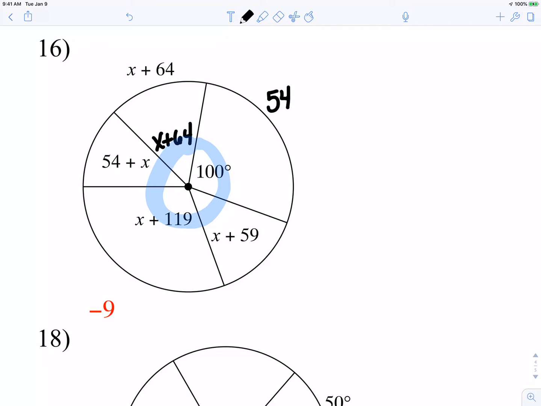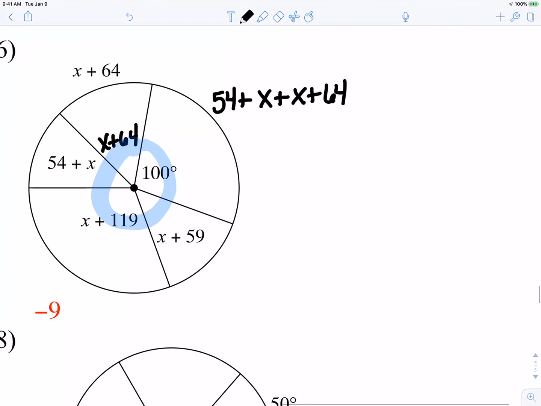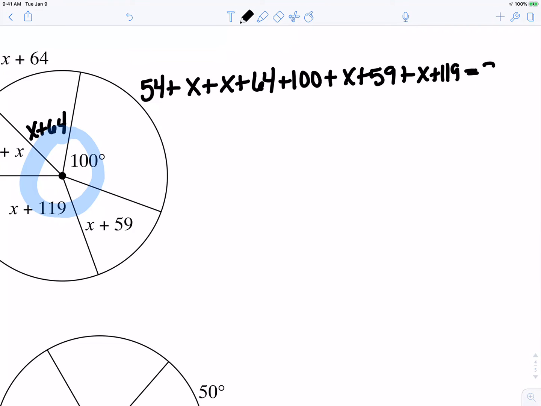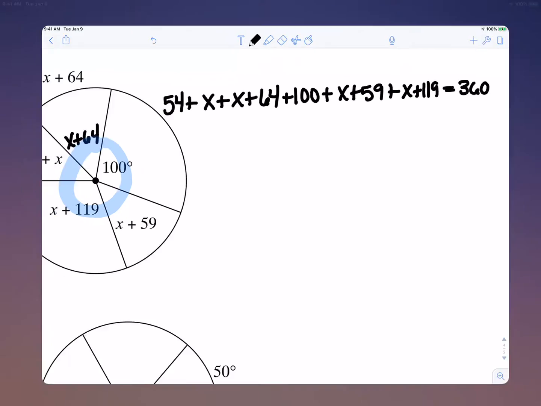So I have 54 plus x added to x and 64 added to 100 added to x and 59 added to x and 119. So all of those add up to 360 degrees.